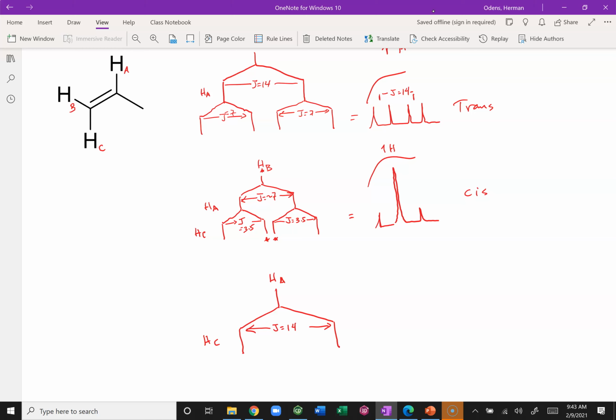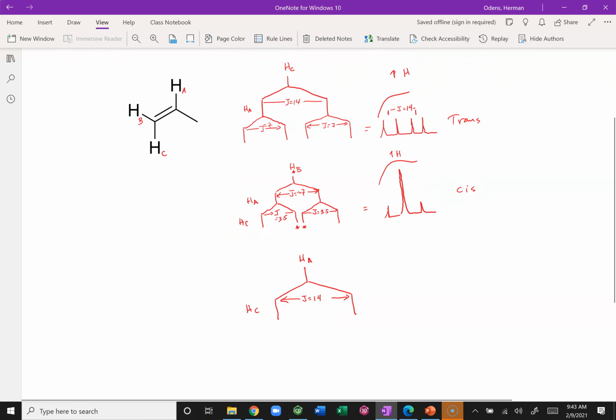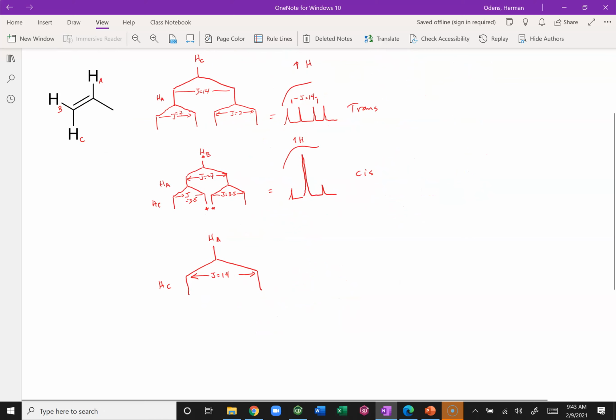So it creates a doublet. And let me reduce this. And then HB comes into play and says, okay, you know, I'm also a twin brother. I'm going to split you in halves.